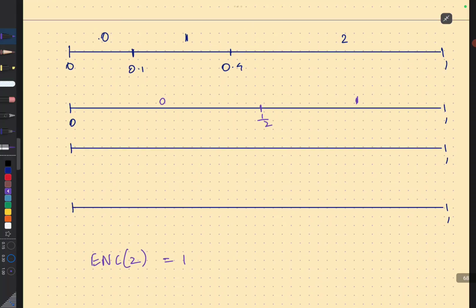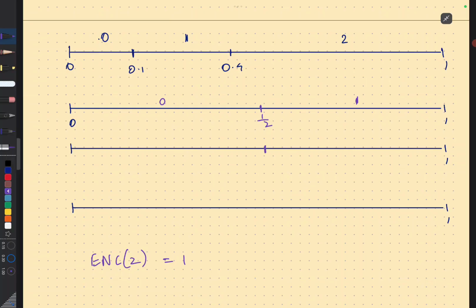Now let's try to do the same for the other symbols. Let's try for 1. The first step is you partition the interval into 2. The first interval is 0 to half, which is going to be labeled 0, and the second interval is from half to 1. Now neither of these intervals lies within this particular subinterval.